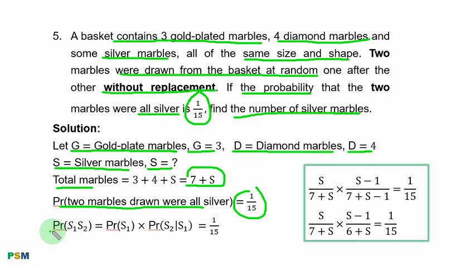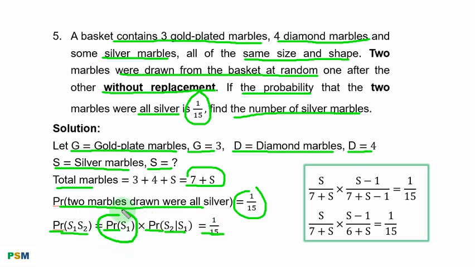So probability that the 2 marbles were silver is equal to probability the first one is silver times probability the second one is silver, given that the first one is silver and the probability is 1/15.